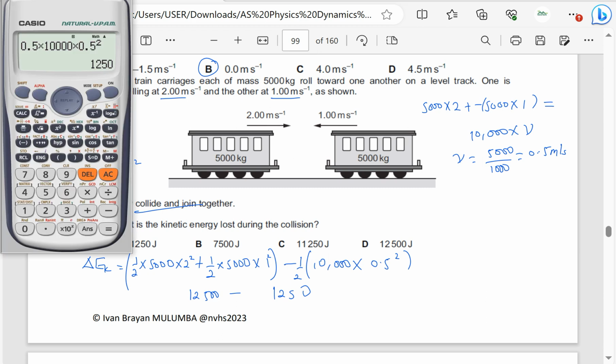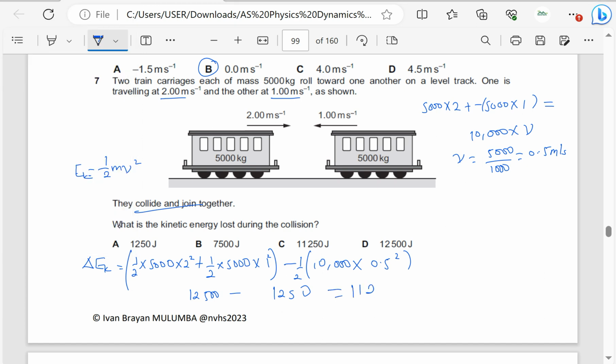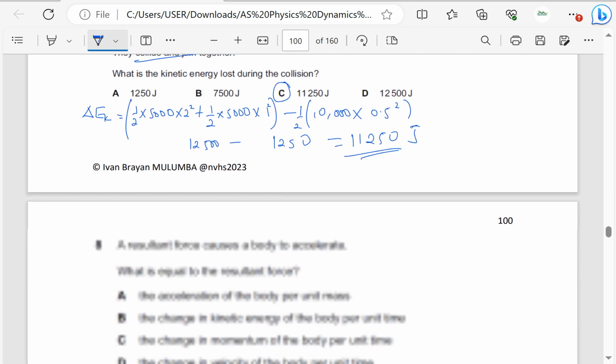So the difference, we subtract: 12,500 minus the answer. So this is 11,250. So the answer is going to be C. 11,250 joules. That is the difference. Okay.